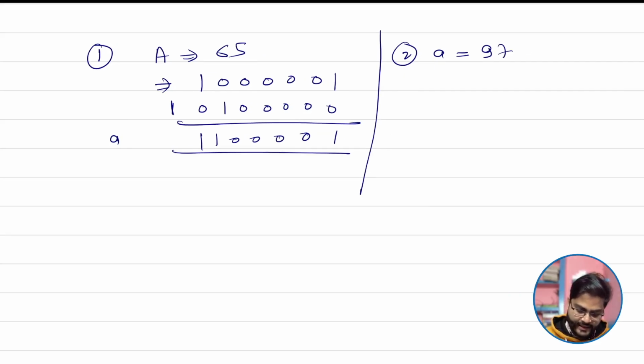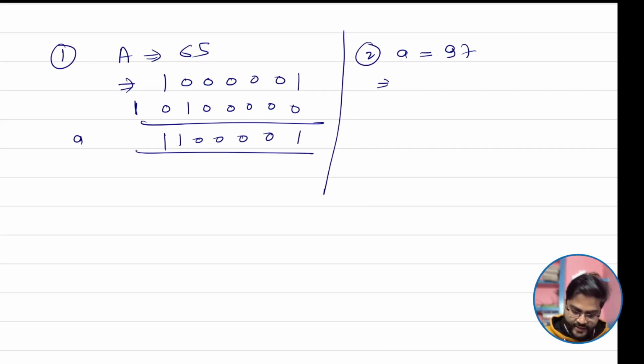If we write it in binary, it will be 1 1, because 64 plus 32 is 96, so the rest will be 1. 1, 2, 4, 8, 16, 32, 64, correct.